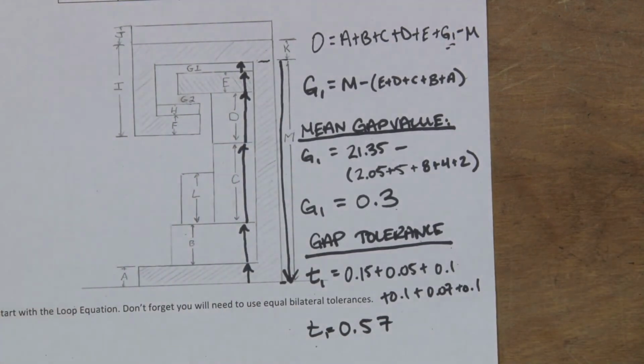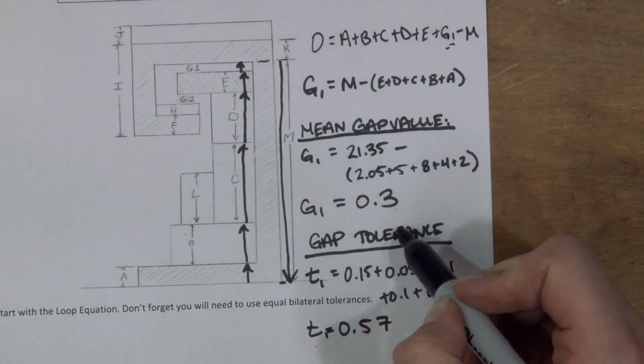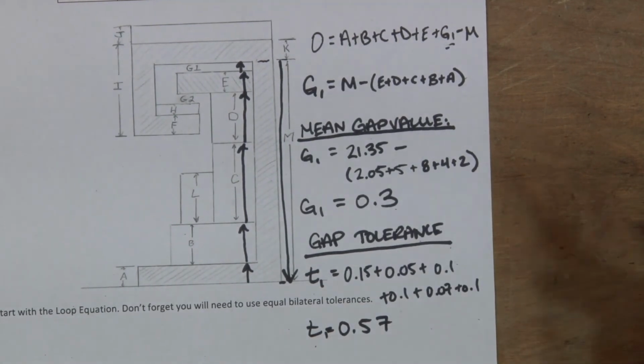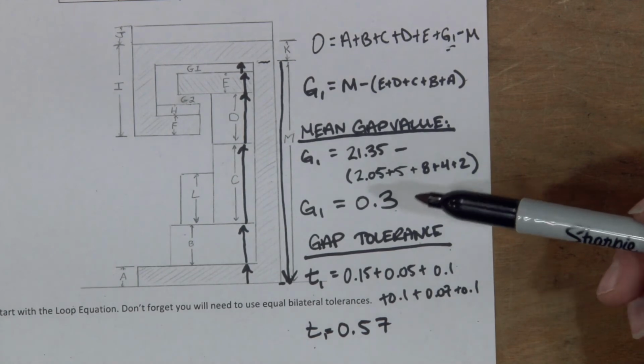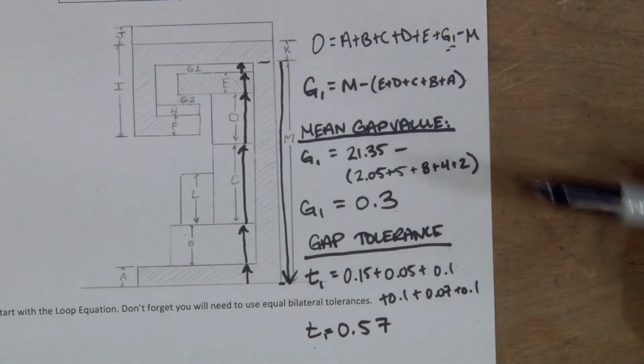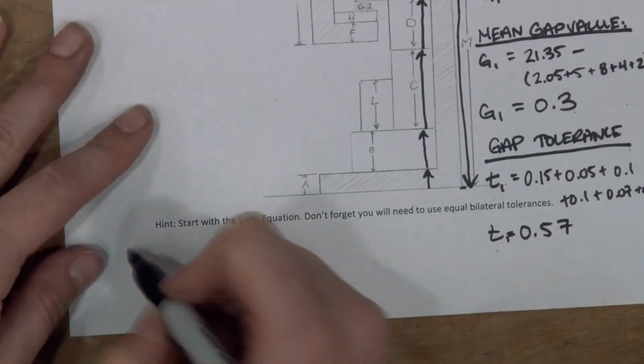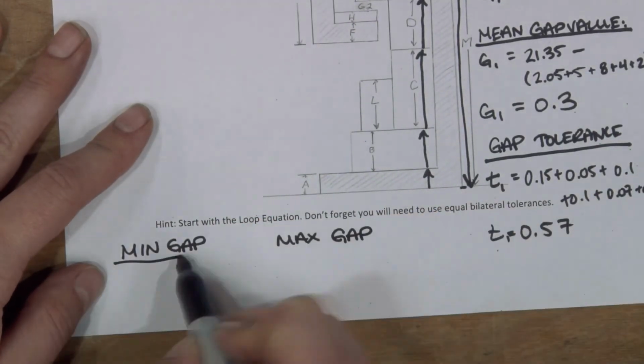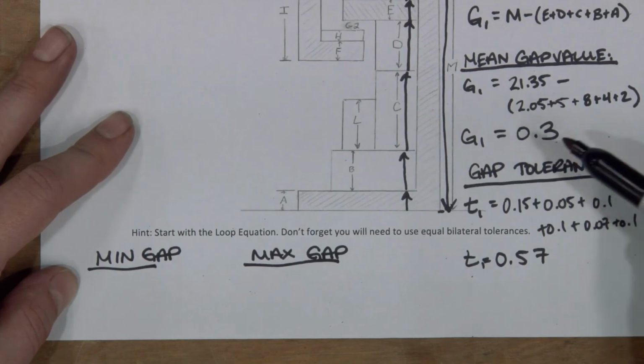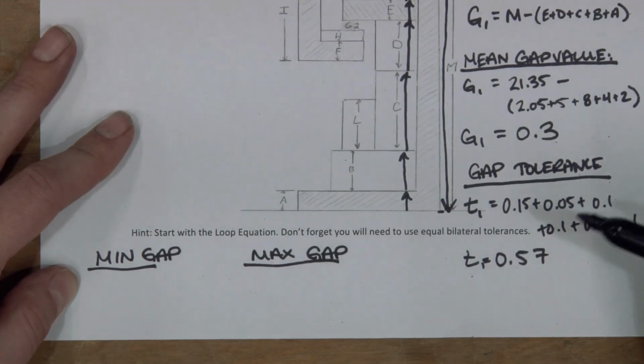Now, after I calculate my gap tolerance, and I know my mean gap value, I can find my minimum gap and my maximum gap. So all that I do for that is take the mean gap value and then add the tolerance to it and subtract the tolerance from it.